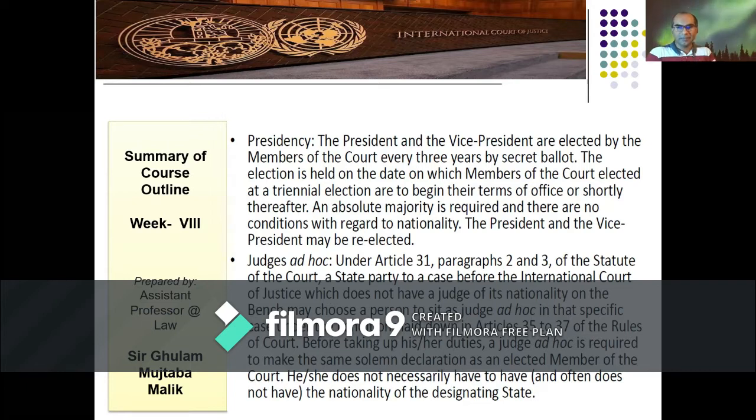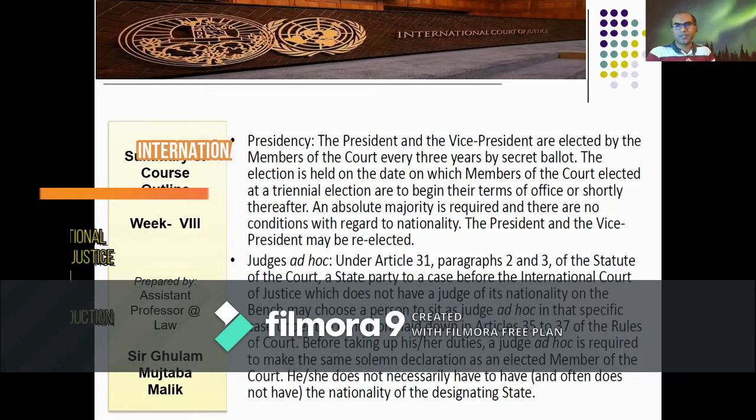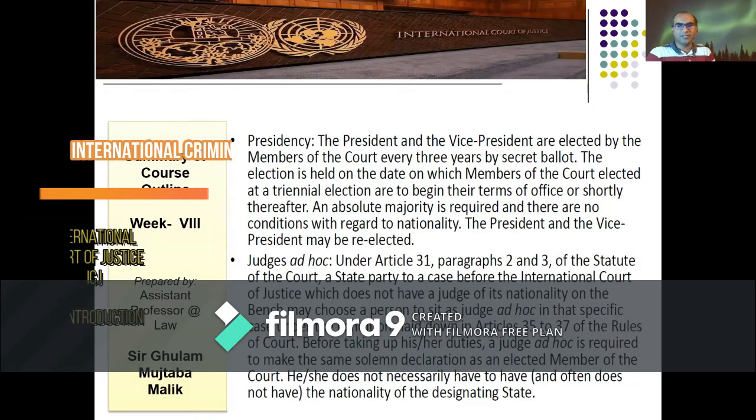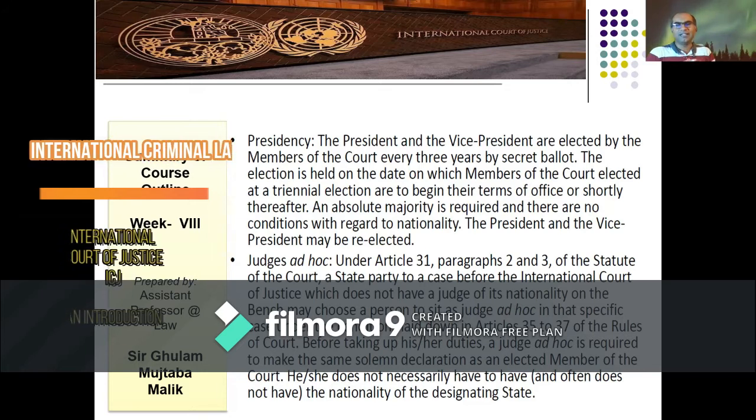Before taking up his or her duties, a judge ad hoc is required to make the same solemn declaration as an elected member of the court, and he or she does not necessarily have to have, and often does not have, the nationality of the designated state.